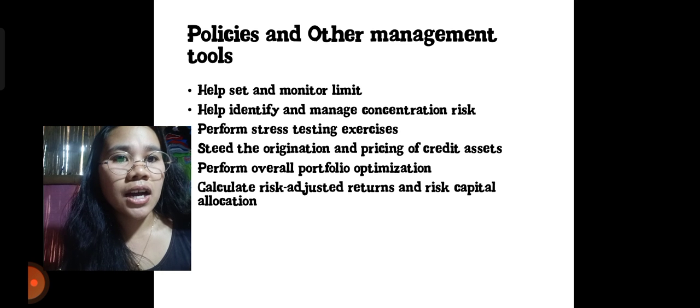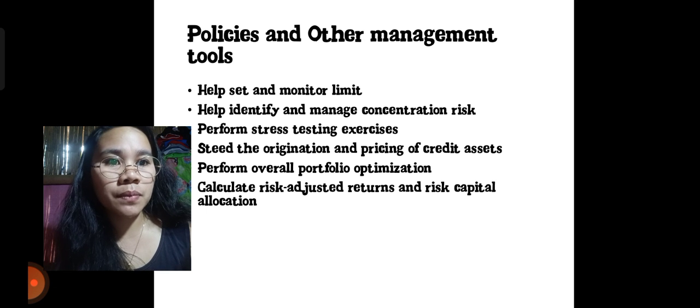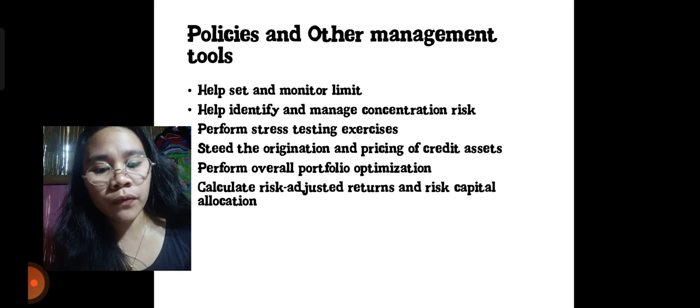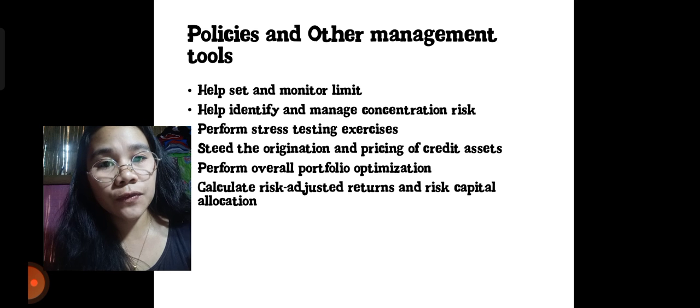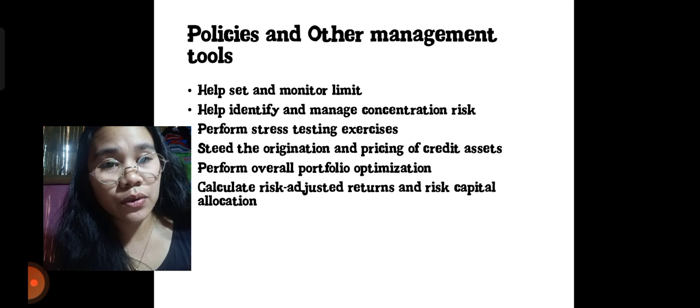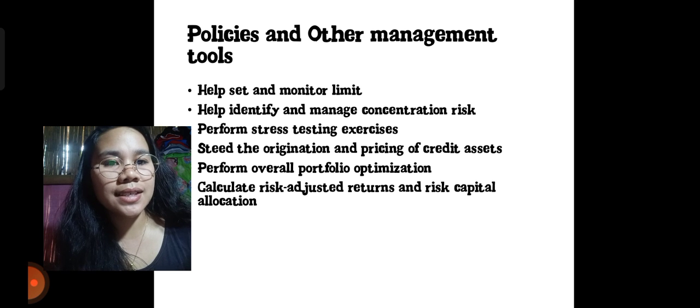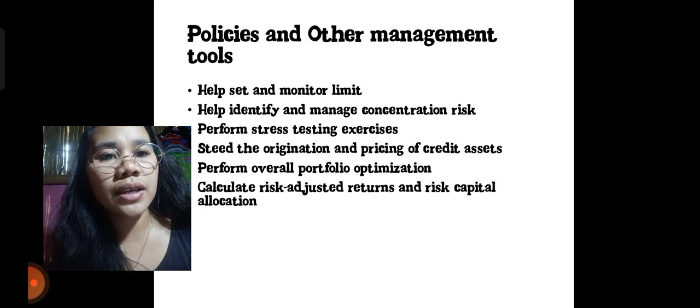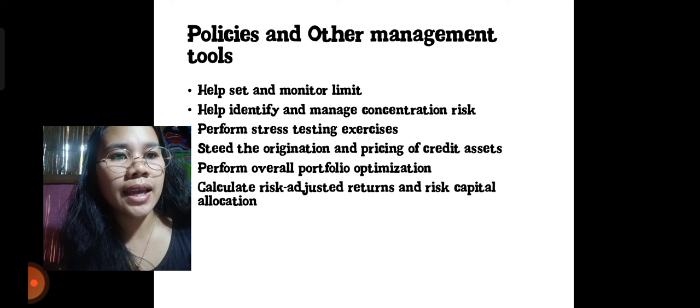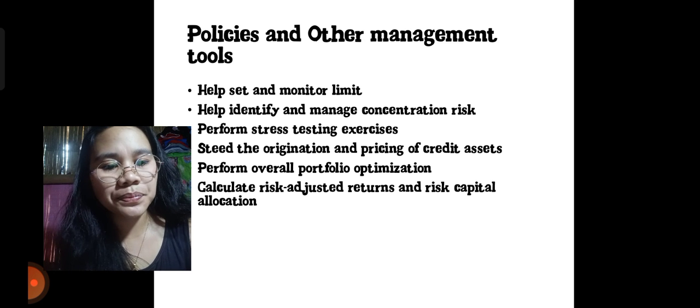Next is perform overall portfolio optimization. Portfolio optimization is when the portfolio maximizes return for a given risk or minimizes risk for a given return. So last is calculate risk-adjusted returns and risk capital allocation.